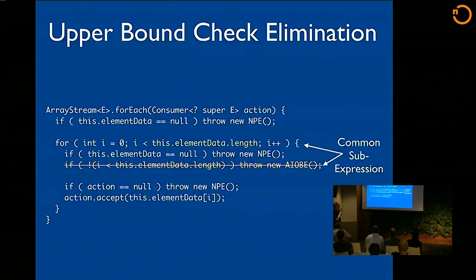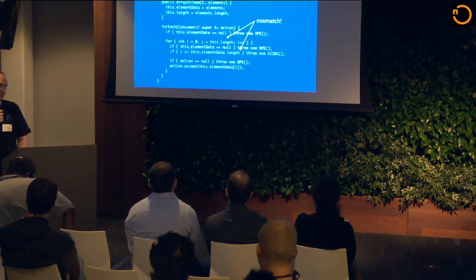And so it has this common sub-expression where it can say, well, if I'm inside the loop, I less than the element data length must be true. Otherwise, we're not in the loop. So now, not true, okay, well, that's false. So we don't have to throw an exception. Good, we've gotten rid of most of the checks.